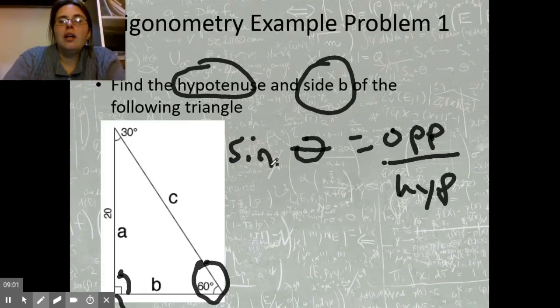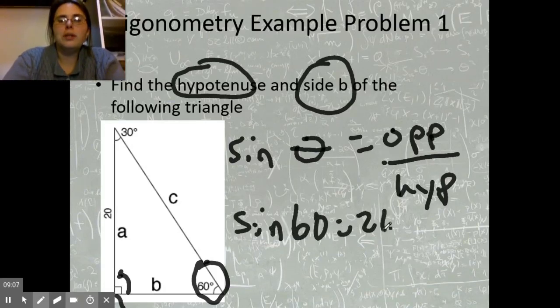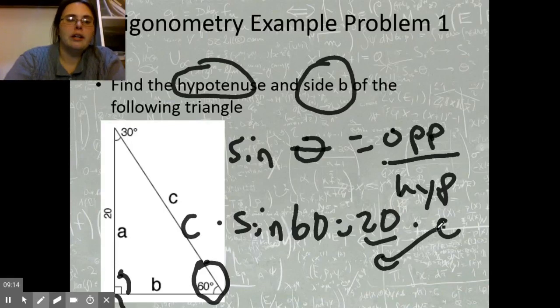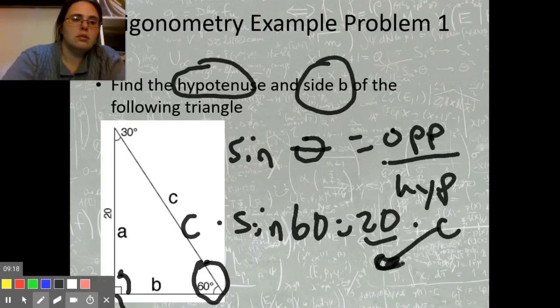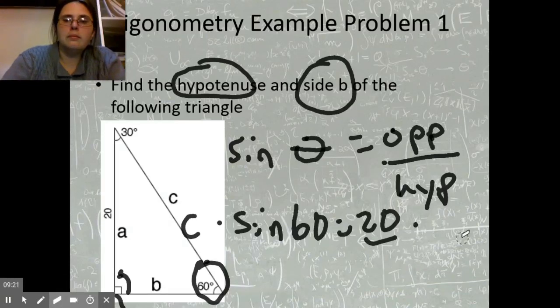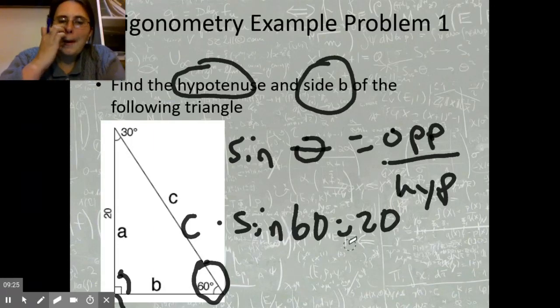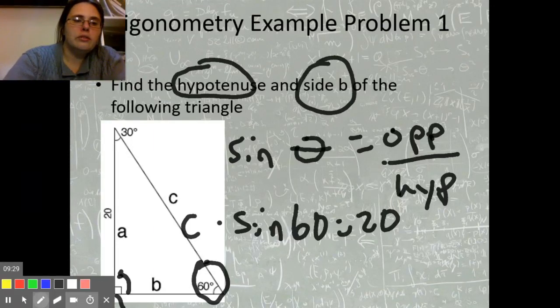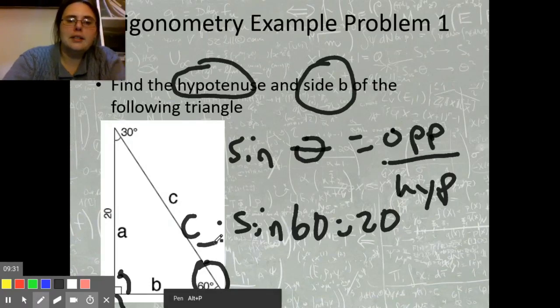So then to get this, we can plug in numbers. So sine of 60 is equal to 20 over C. And then we just move C to the other side so it's at the top so we can get to it. And I'm just going to erase it so that we can save room. Okay. And then we want to divide by that sine 60.